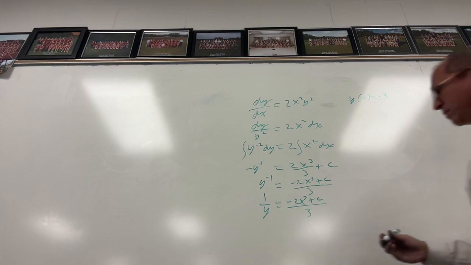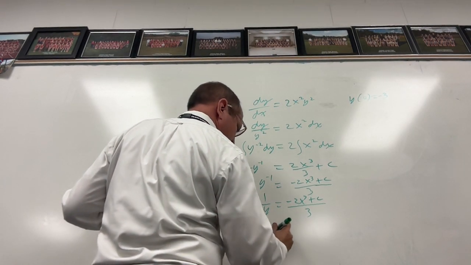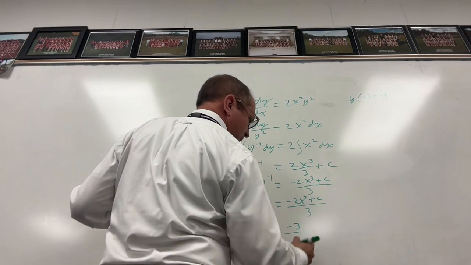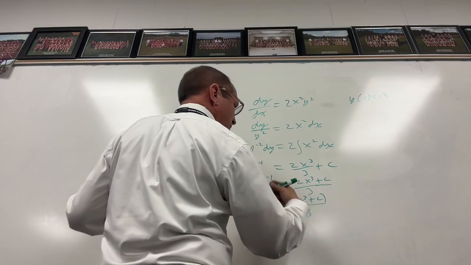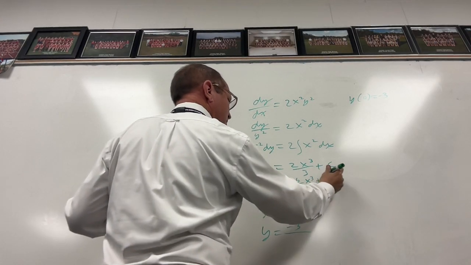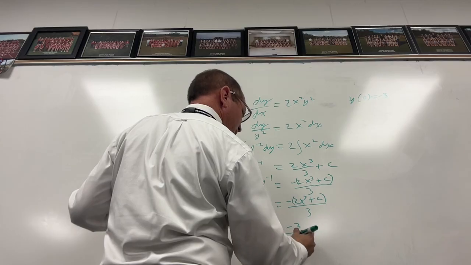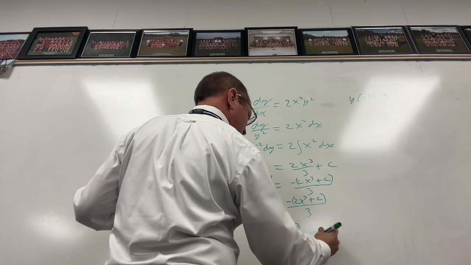Okay. So now, if I solve for y, I just take the reciprocal of both sides. So y is going to be 3 over, or negative 3, I can do that. So let me mark it off like that. It's all the same thing. So negative 3 over 2x cubed plus c.